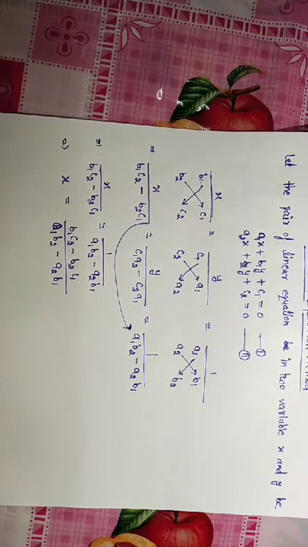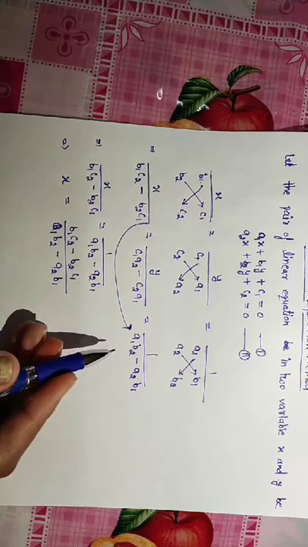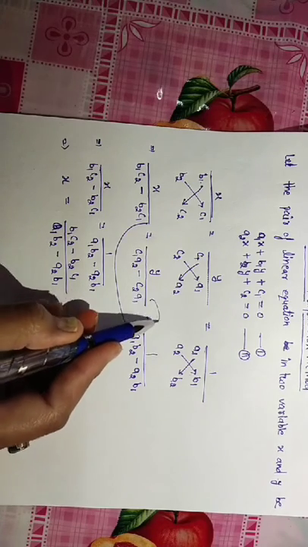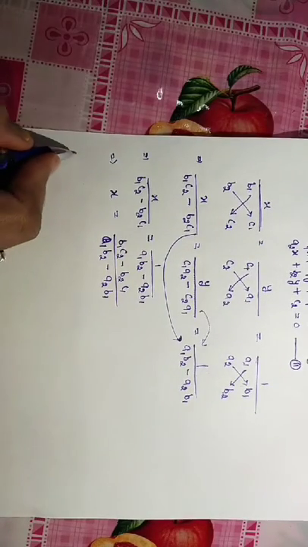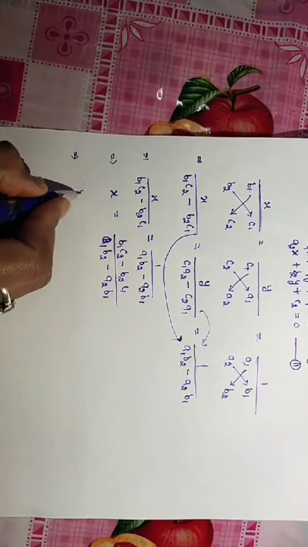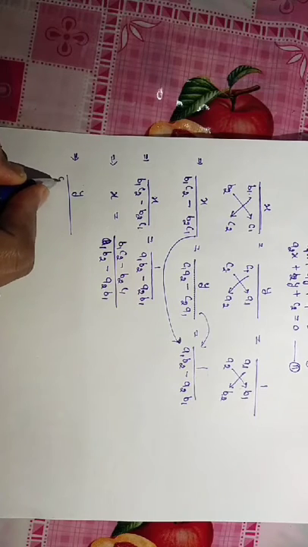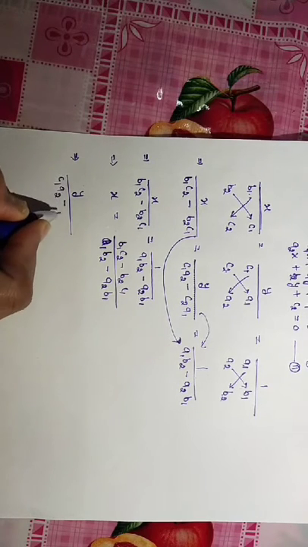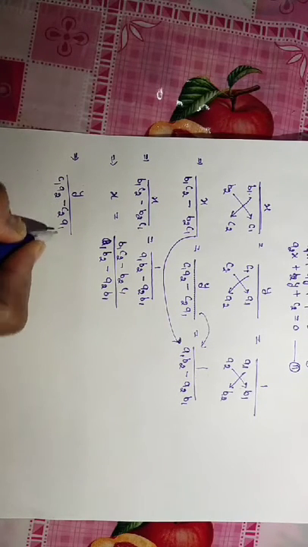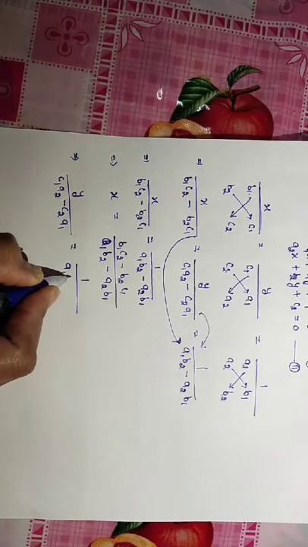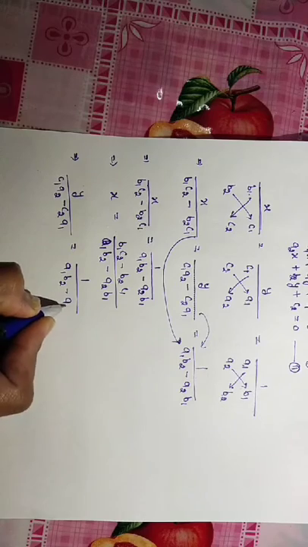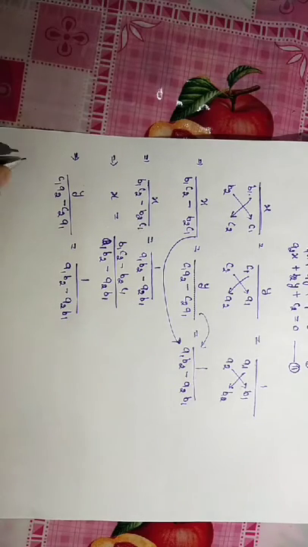Similarly, for finding the value of y, we compare the last two terms. Now we write y upon c1 a2 minus c2 a1 equal to 1 upon a1 b2 minus a2 b1.